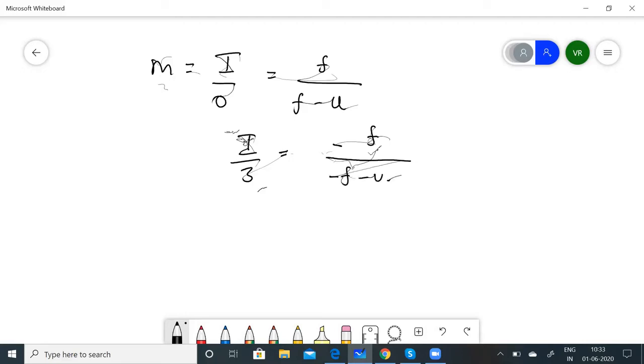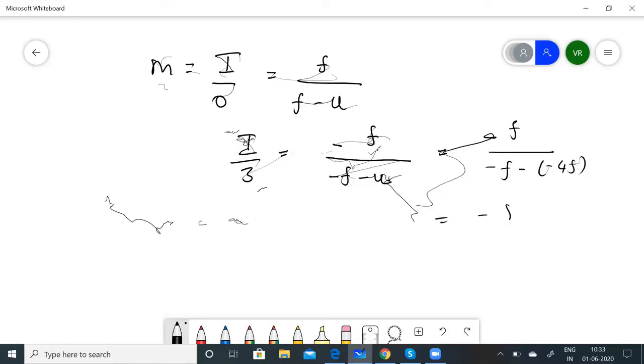So I by 3 is equal to minus f by f minus u, where u is 4 times f, so that would be minus f by minus f minus 4f.